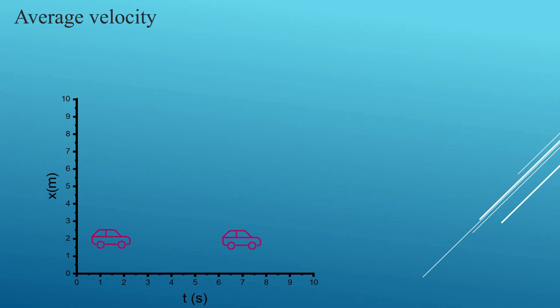So the average velocity is going to be delta v, which is equal to x2 minus x1 divided by t2 minus t1, right? So my first position is going to be 1, the second position is going to be 2, and for the first position, the x and the time, let's write it down right here.